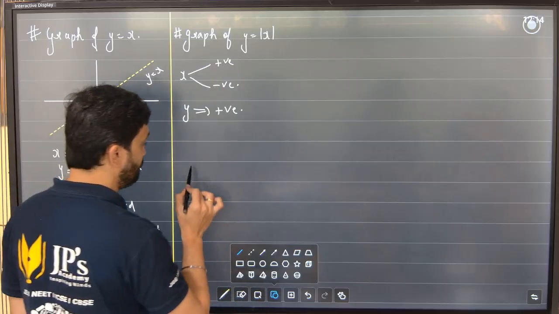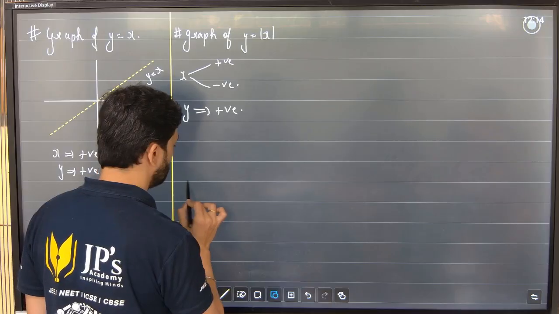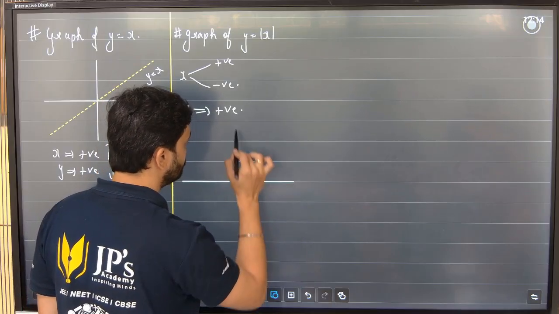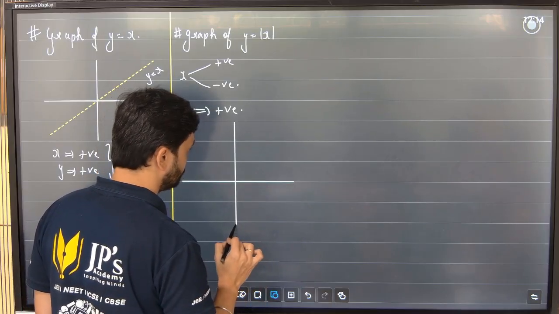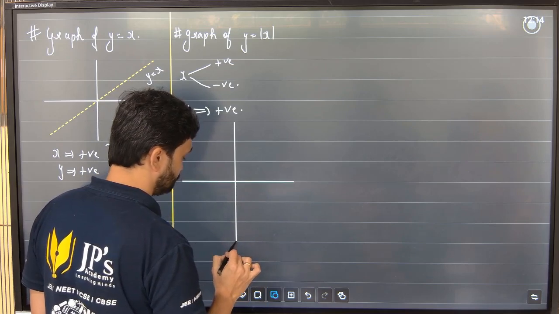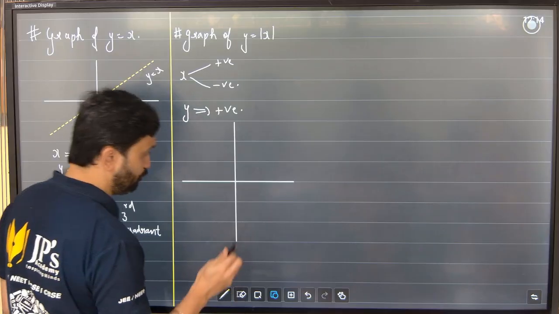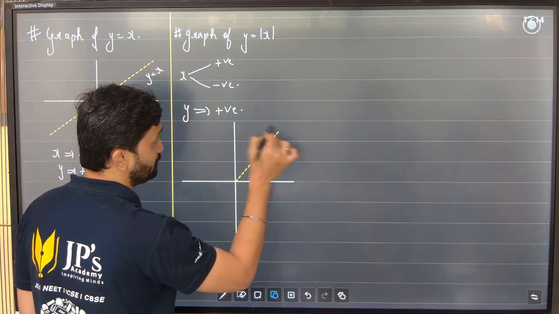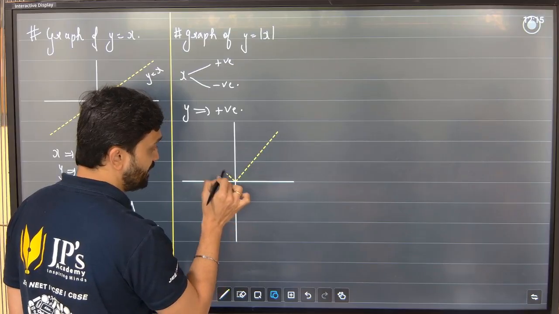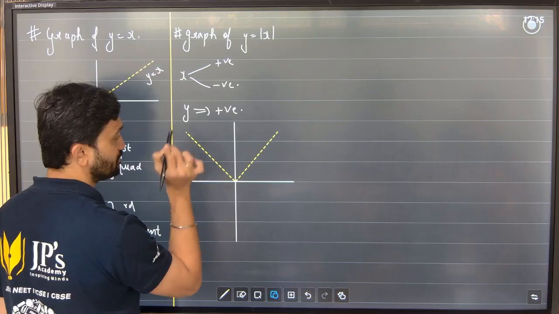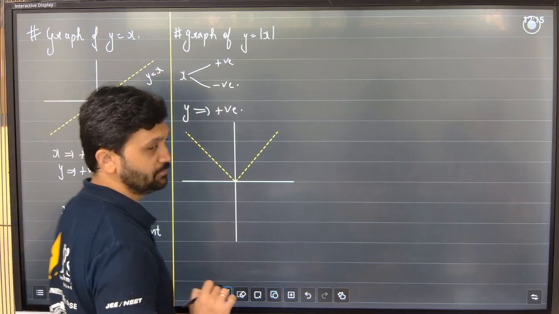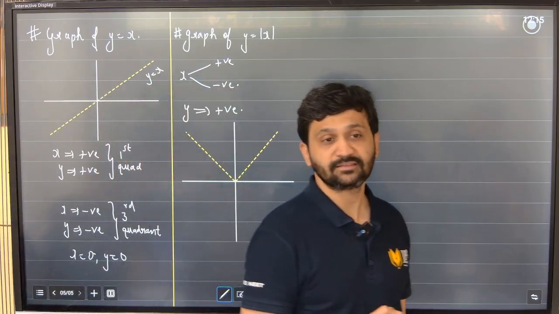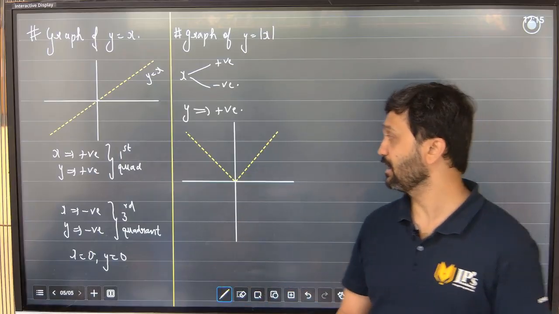And my graph will look something like this. If this is y is equal to x in the first quadrant, its exact mirror image will be this. And the graph of mod x will always look like a V.